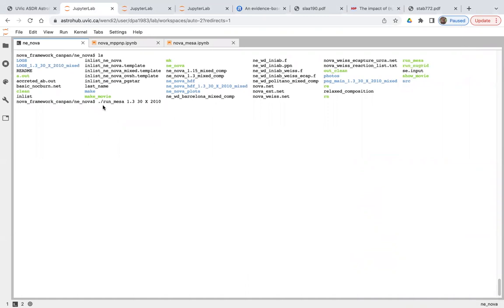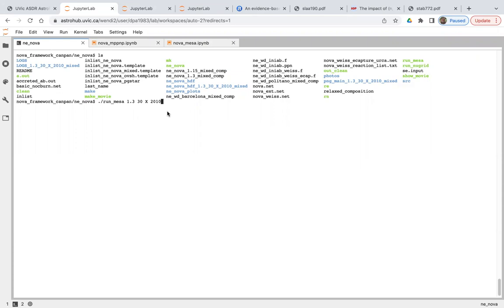And now I ask the operating system to run this script in the current directory with the following parameters for neon nova simulations: take an oxygen-neon white dwarf with mass 1.3 solar masses, with the central temperature of 30 million Kelvin. Use for the mass loss rate the letter X, and run these simulations for 2010 time steps. So produce 2010 models as a function of time.